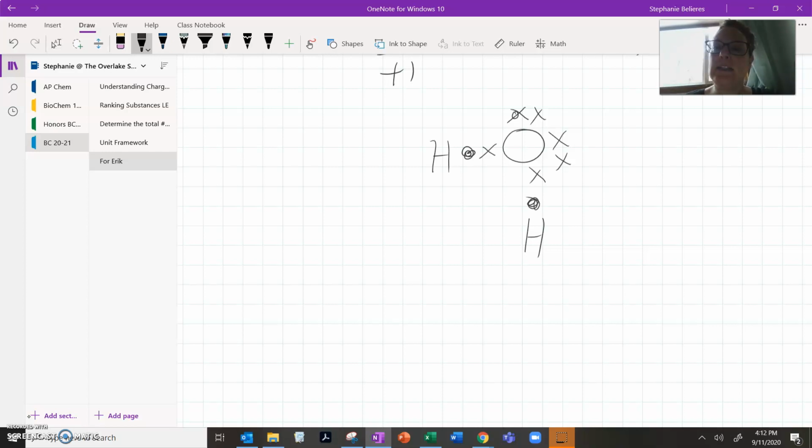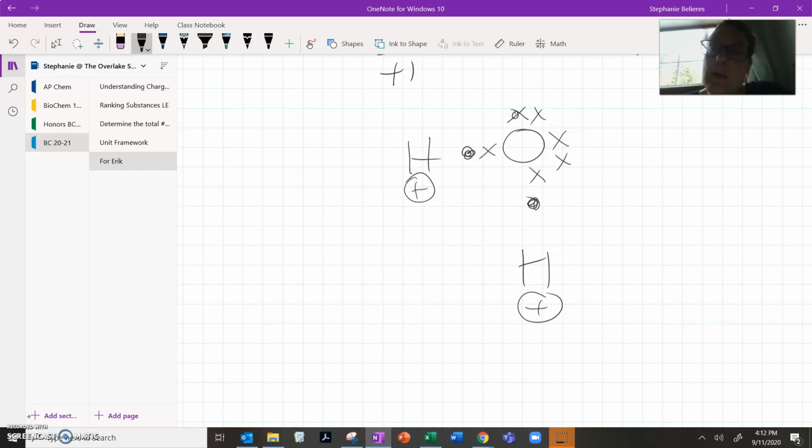But because oxygen is pulling it a little bit closer to itself, I've got this proton in the nucleus, but I'm not fully removing that electron and giving it to oxygen. I'm only taking it away sometimes.